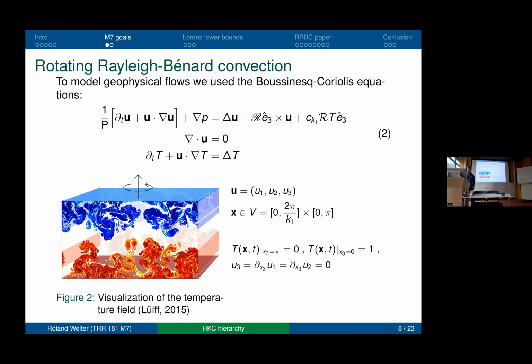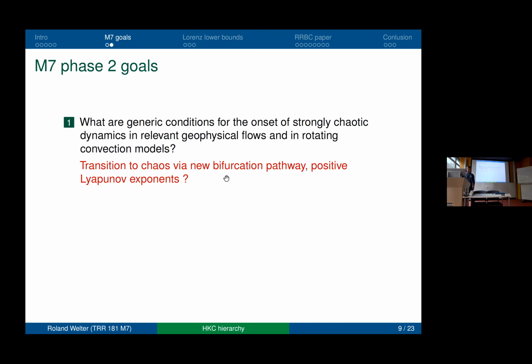So we have this restriction that along every slice of this third dimension, the fluid flow is the same. And so some goals for phase 2 were to study generic conditions for the onset of strongly chaotic dynamics. This was really the area of expertise of Ivan. He's got a lot of insight into chaotic dynamics.